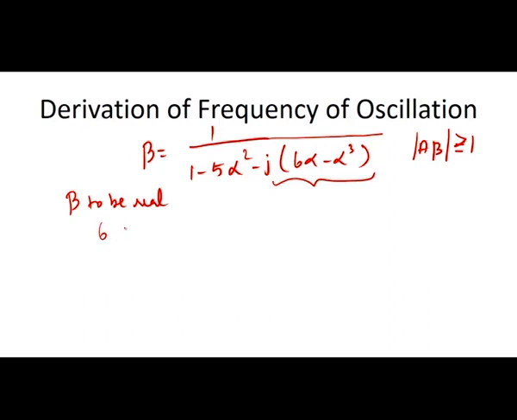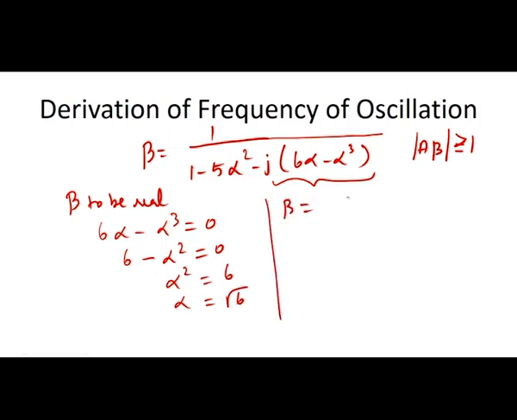So, if you take this imaginary term to be equal to 0, you will have 6 minus alpha square equal to 0, and alpha square is equal to 6, alpha is equal to root 6, and beta will be equal to 1 by 1 minus 5 into alpha square. If you make this root 6 square, you will have 6. So, you have 1 by minus 29. This is your beta value.